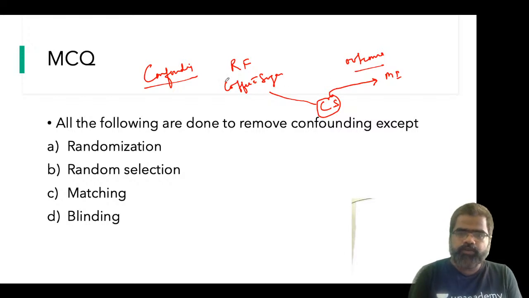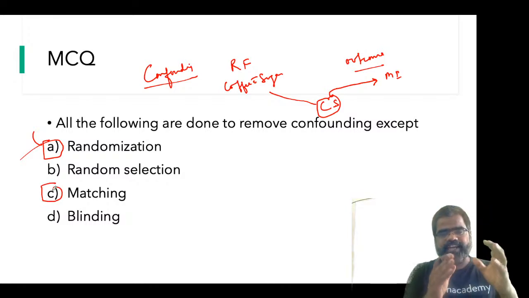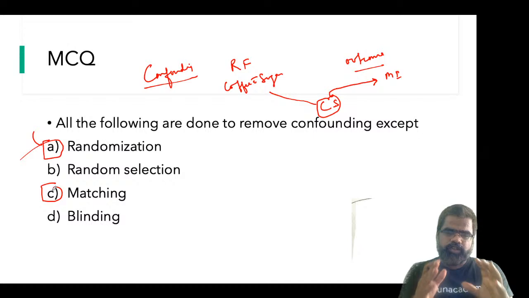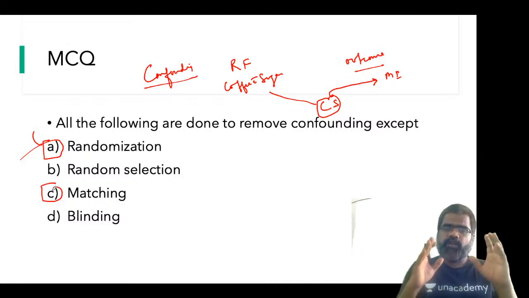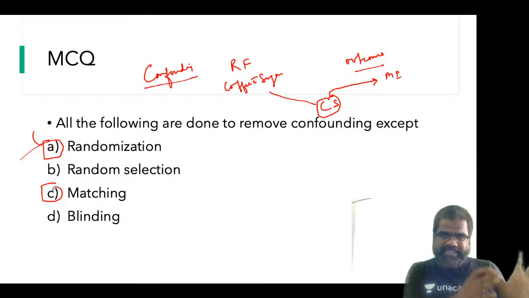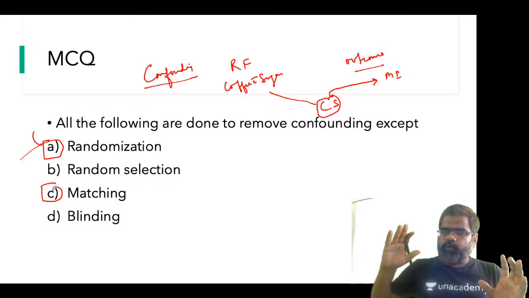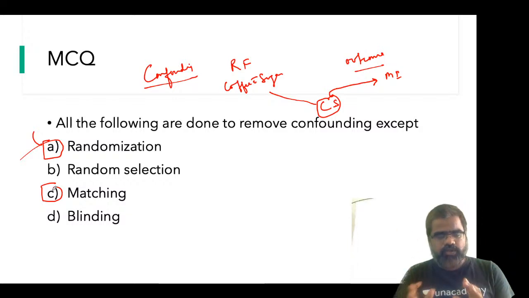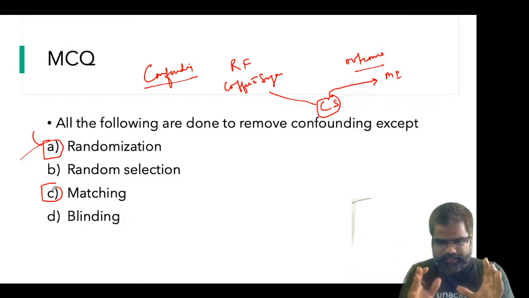So how do we remove confounding? Confounding can be removed by randomization, very easily done. Known confounders, unknown confounders, it will be removed. Matching also, which you do in a case control study, students. You try to match the variables present in cases to variables which should be present in controls, so that case and control look similar except for the disease component.